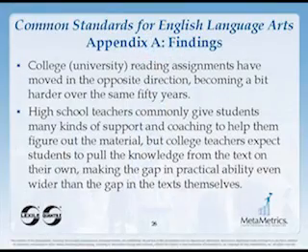A couple more summarized findings from the report that led to the development of common standards. The Appendix A for the standards, which is also all available online, is the one that speaks heavily about this notion of text complexity and increasing text complexity, and so there's some good information there. But not surprisingly, students who fall short in the ACT exam and the benchmarks would have the greatest difficulty with texts that were the hardest.